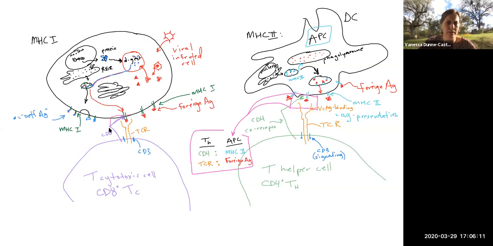So let's draw out this connection over here, just as we did before. So here's our cytotoxic T cell, and here is our, not APC, I won't say APC because that's too confusing here.